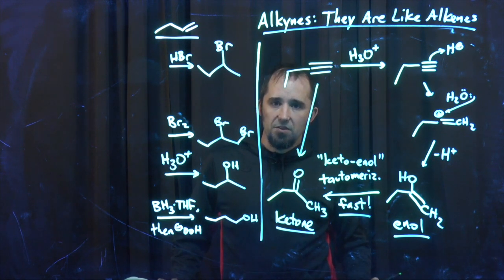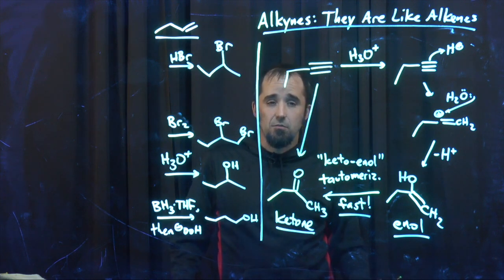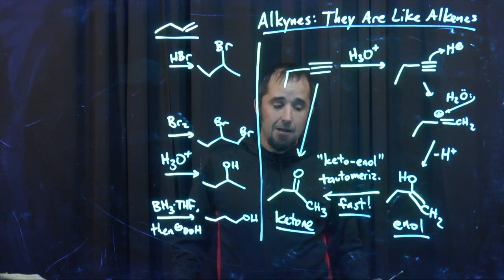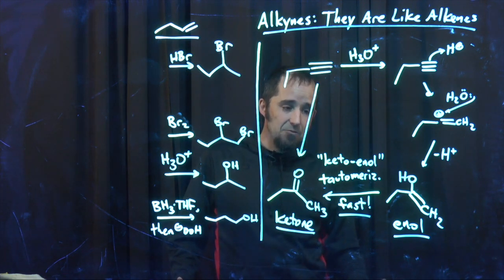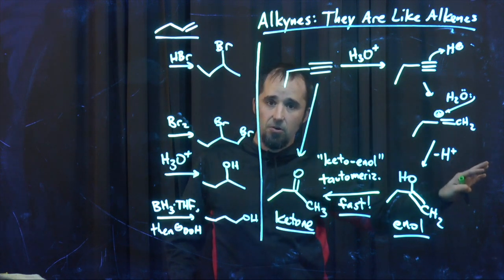So this is a way for us to go directly from an alkyne to a ketone in aqueous acid. Your book will describe another way that uses aqueous mercury salts to do the same thing. That is a gentler reaction, but organic chemists try not to use very toxic reagents like mercury when we can avoid it. Actually, in modern chemistry, we really wouldn't use aqueous acid either. We would probably find some third reaction.